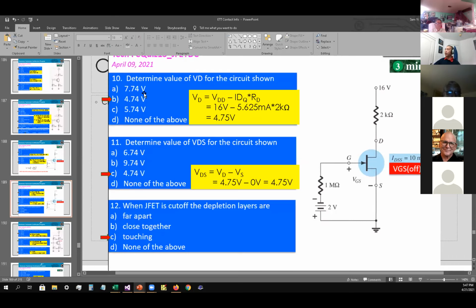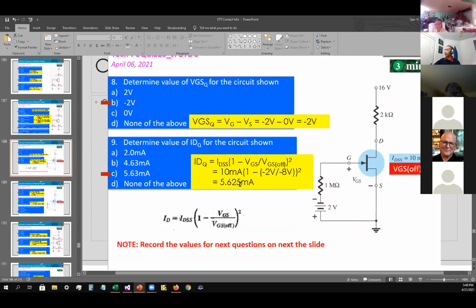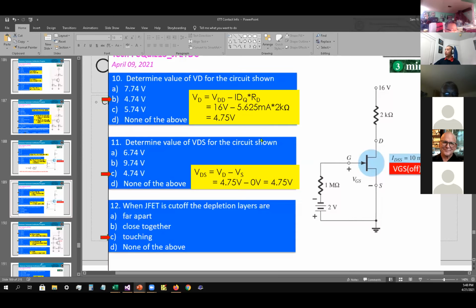Okay, so number 10, determine the value of VD for the circuit shown. Okay. This is just applying the formula. So VD equals VDD minus IDQ times RD. Okay. So in this case, that was the IDQ from the previous step, which is right here, 5.6 or 5.63, and you substitute into here.